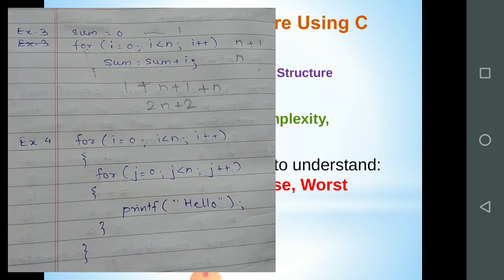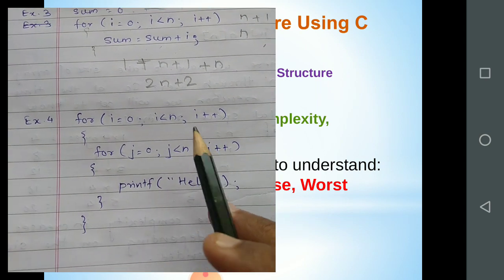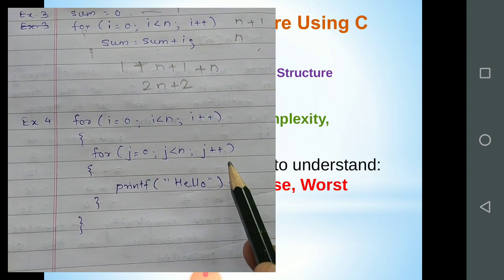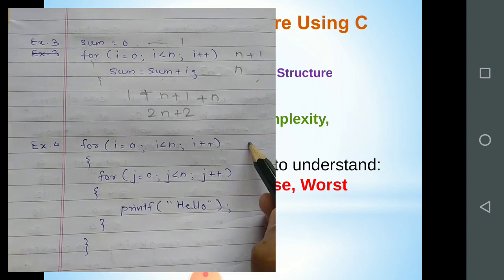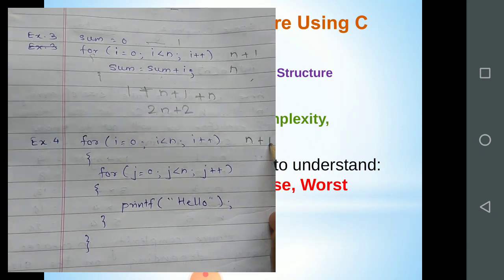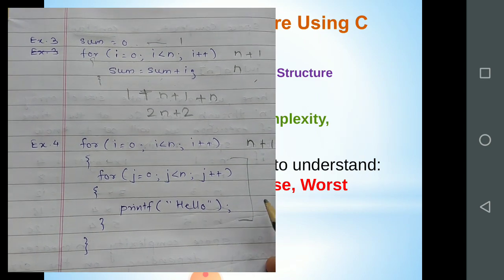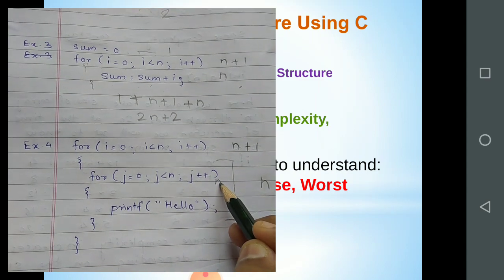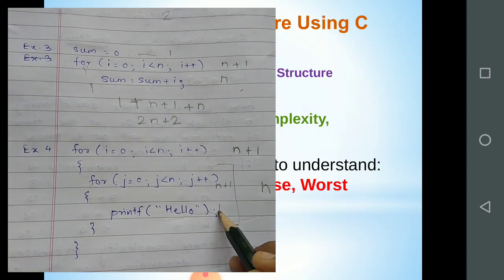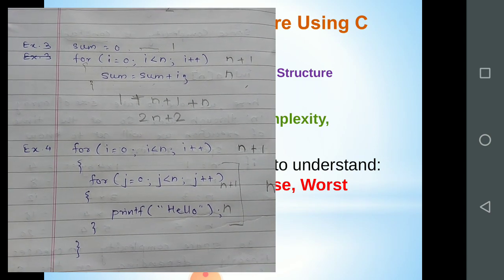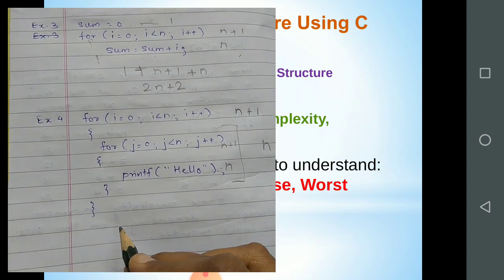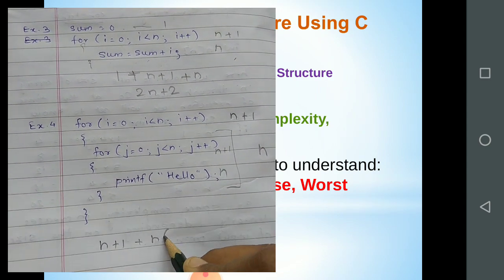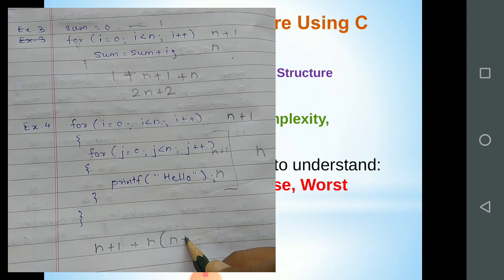Okay, next one, this is the next statement, there are 2 looping statements. For i equal to 0, i less than n, i plus plus, and for j equal to 0, j less than n, j plus plus. Again this statement will execute n plus 1 number of times. All these statements will execute n number of times. Here again this statement will execute n plus 1 times, and this statement will execute n times. So to calculate the time complexity it is n plus 1 plus n multiplied by n plus 1 plus n.